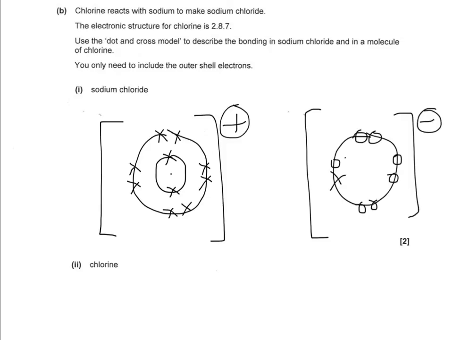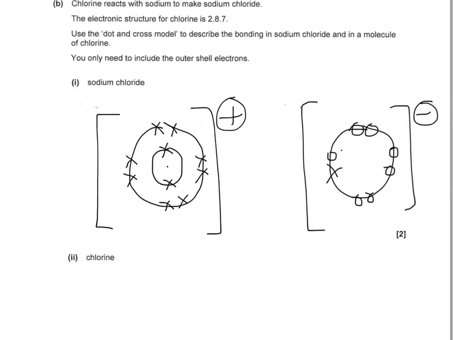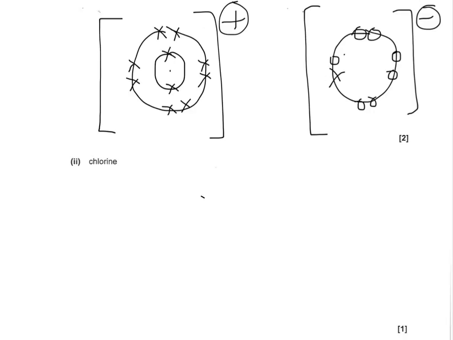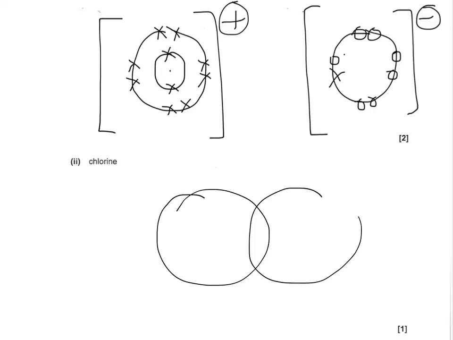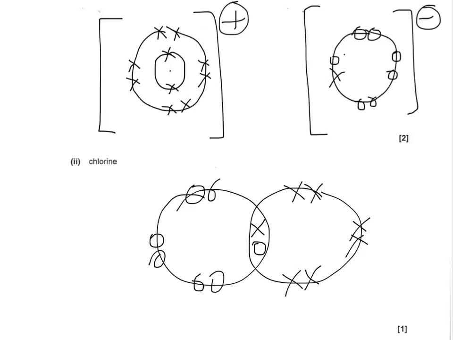And then chlorine, Cl2, is where it's a covalent molecule, so they share electrons. So you're going to have a pair of electrons in the shared bit, and then fill in the rest, like so. So 1 mark for your shared pair, and 1 mark for the rest.